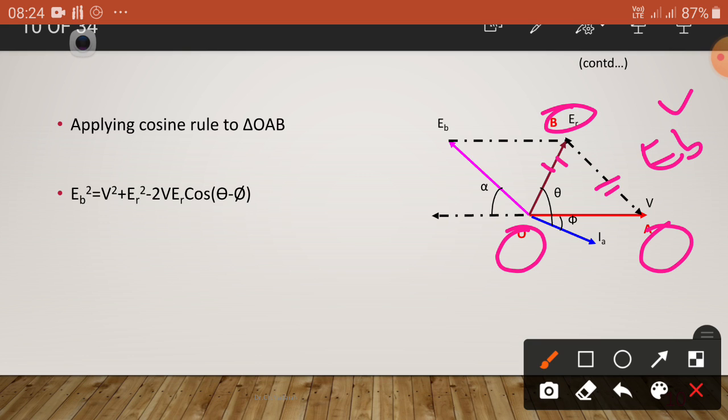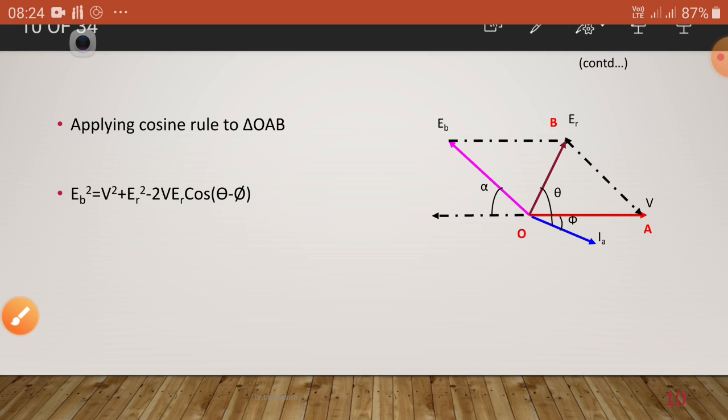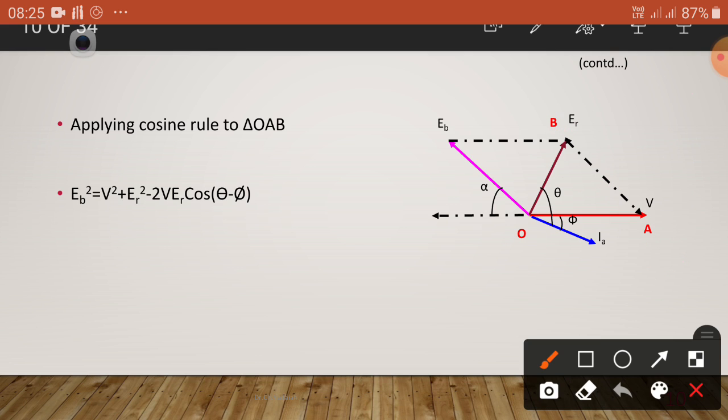I know the ER, I know the V, so applying the cosine rule, EB square is equal to V square, the applied voltage whole square, plus ER whole square, minus 2 into this vector and this vector into the cosine of the angle between these two. What is the angle? Don't confuse here. You can remember the angle between the ER and V.